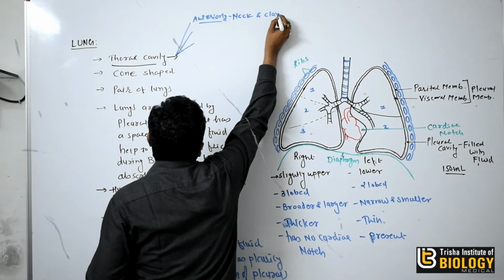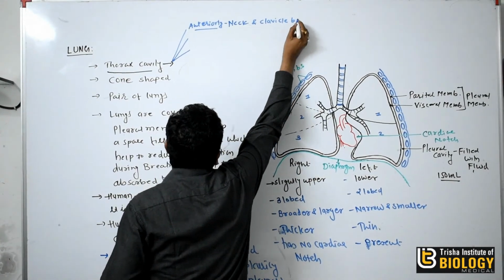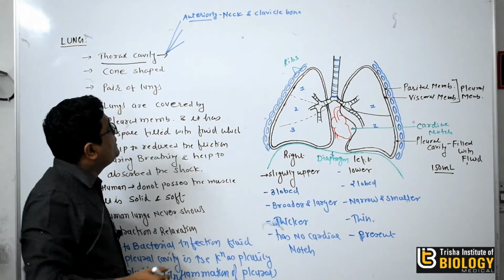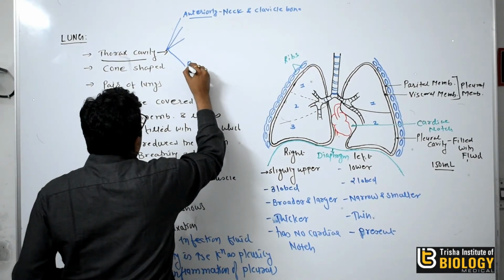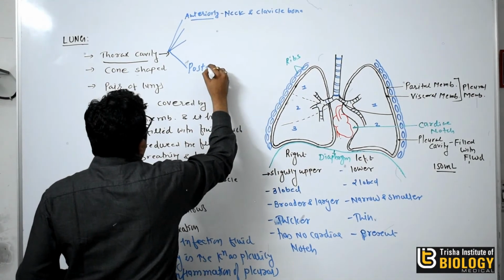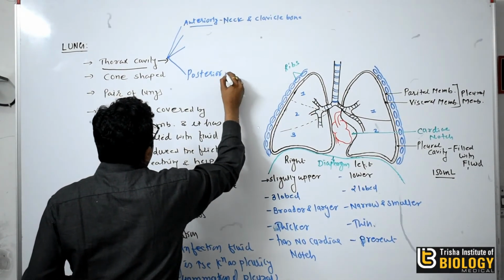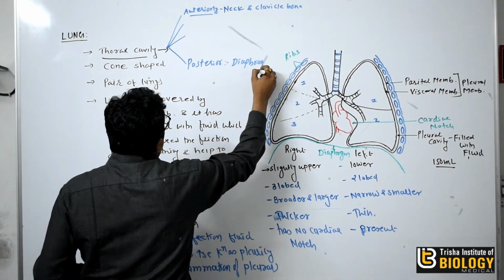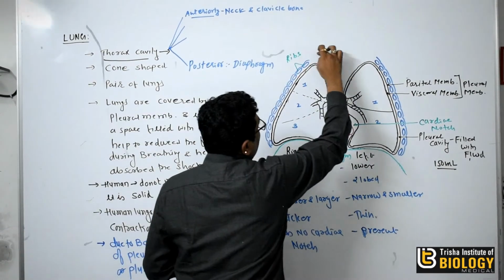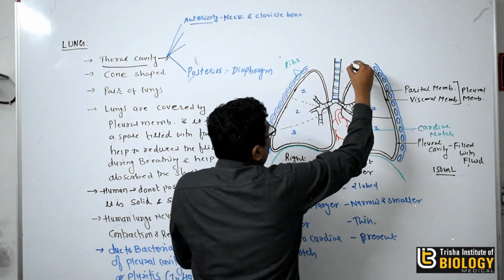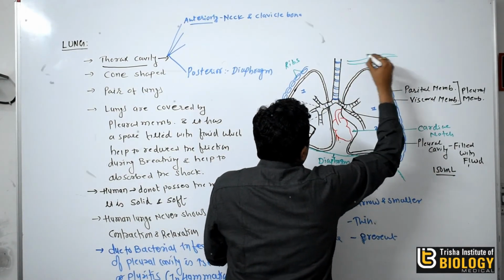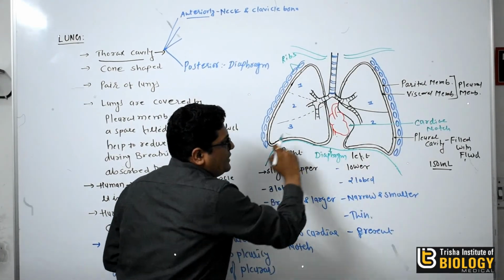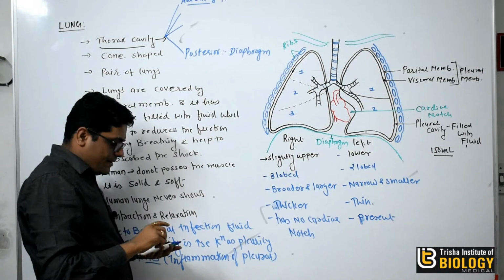Then, at the posterior side, the cavity has the diaphragm. So the upper side possesses the clavicle bone, and the lower side possesses the diaphragm.